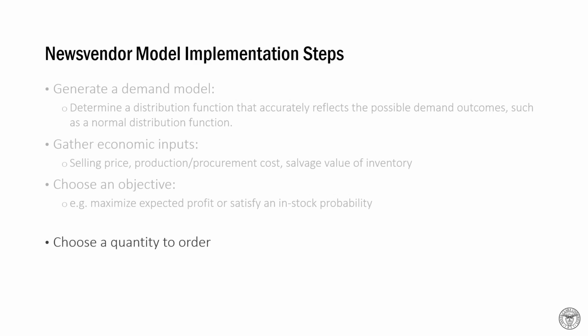Finally, based on the previous steps, we choose the order quantity that best aligns with our defined objective. By following these steps, we can make informed decisions that best balance the cost and benefit associated with uncertain demand.